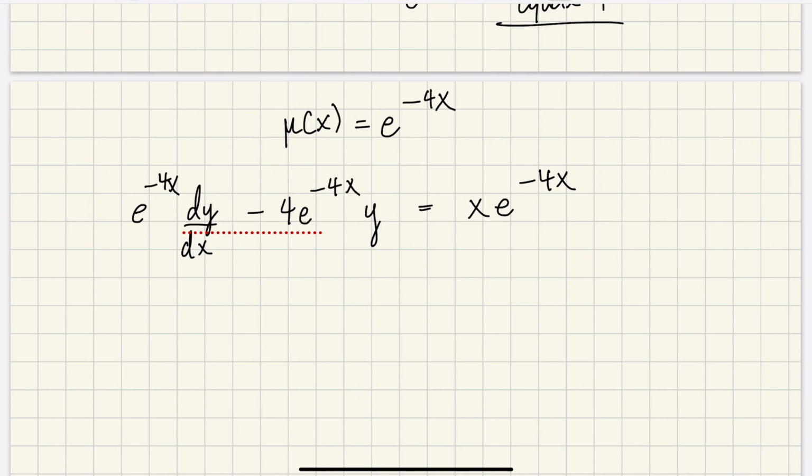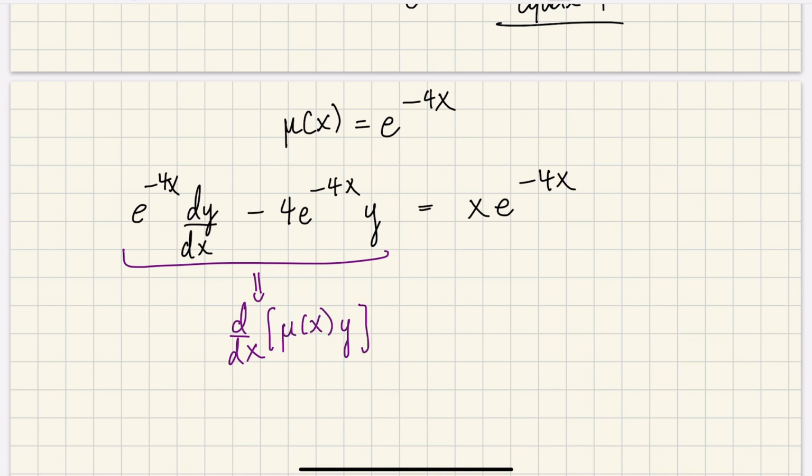Now, we had previously said this is equal to the derivative of mu of x times y, which is the same as the derivative of e to the negative 4x times y, because mu is e to the negative 4x.